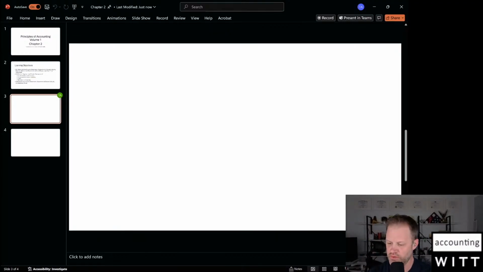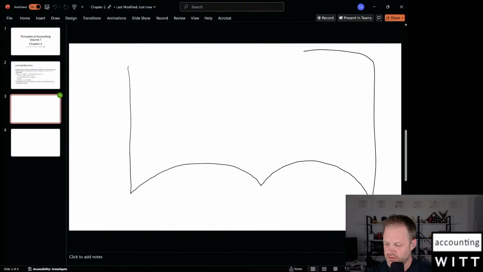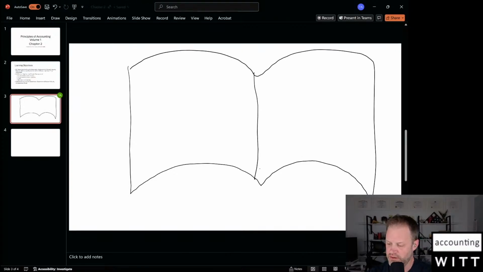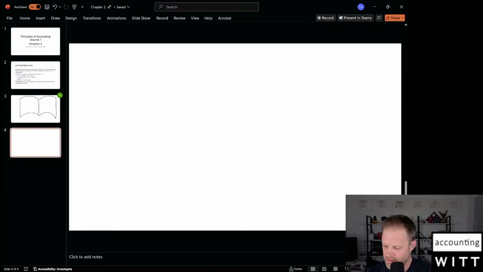All right, so now we're talking about what is this book in which the story is told. And the way that the story is told is using financial statements. So I call it the book. So let's separate these.